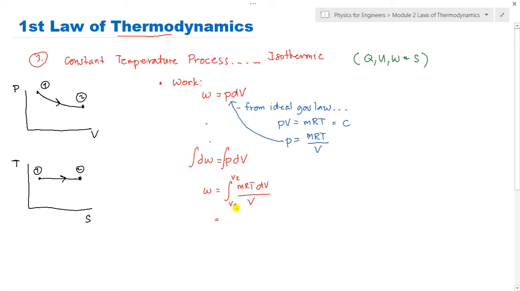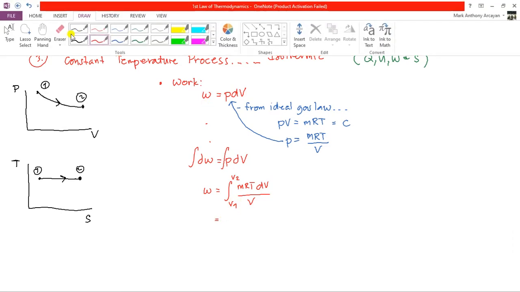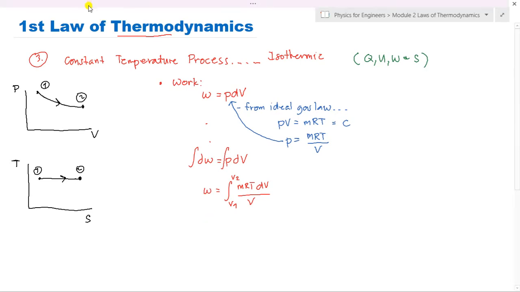Since mRT is constant, we can extract it outside, that would be mRT integral from V1 to V2 of dV over V, and of course ln, so that would be mRT ln of V2 over V1.